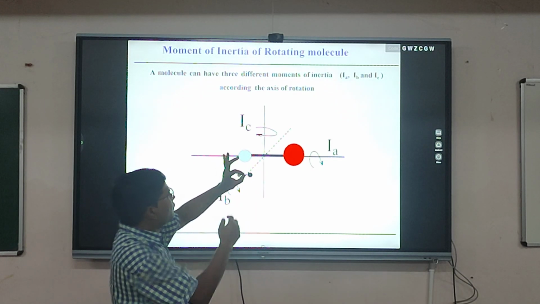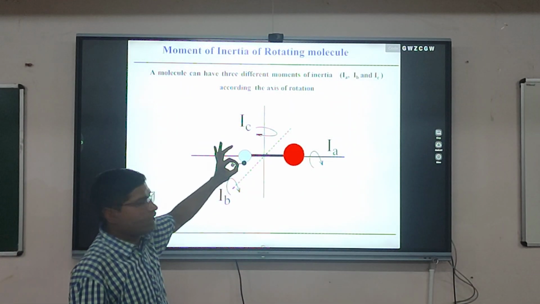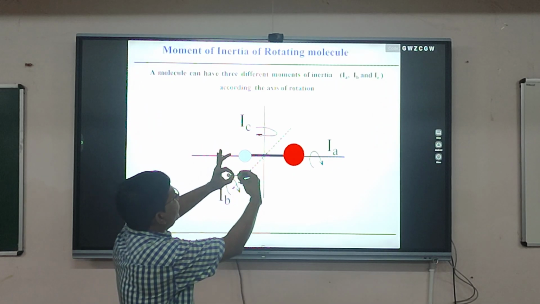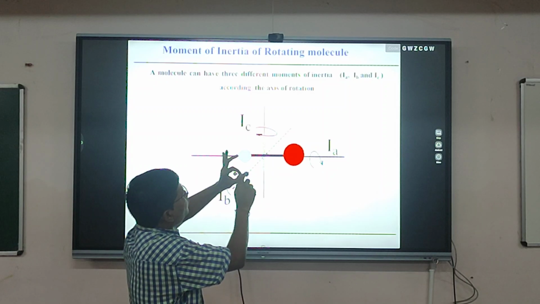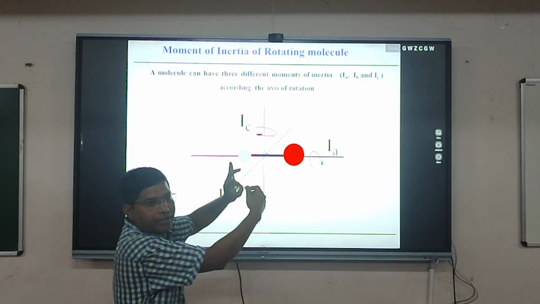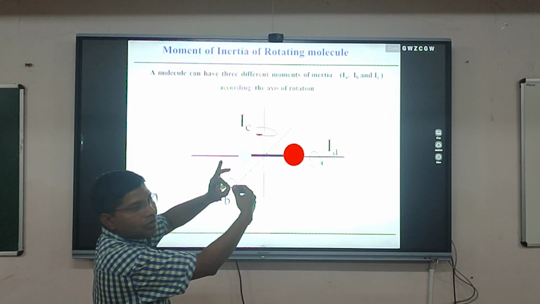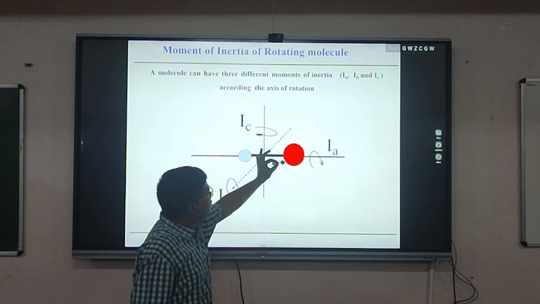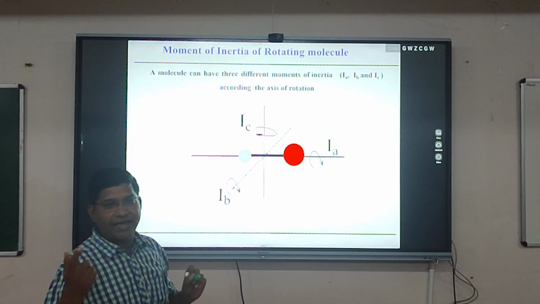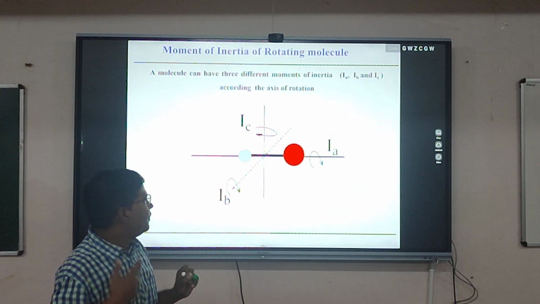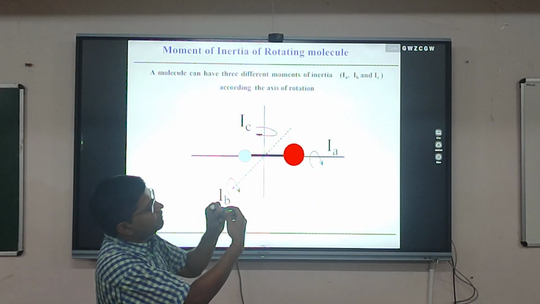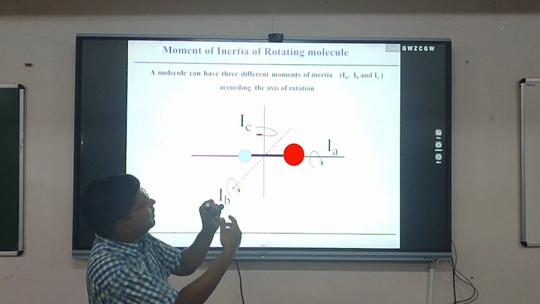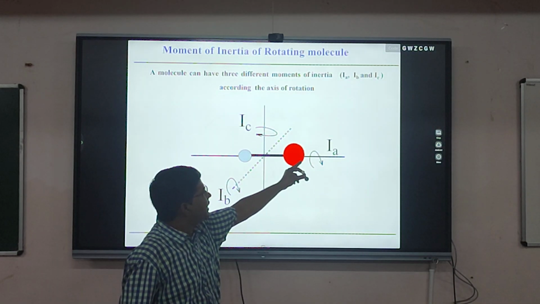One way is rotation of the molecule along the bond axis, that is end-to-end rotation of a molecule through the bond axis. This will be called Ia. For simplification, we symbolize the rotation of the molecule along the bond axis as Ia.